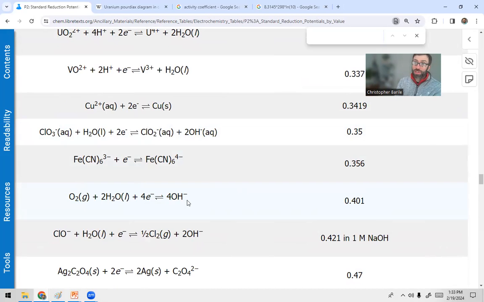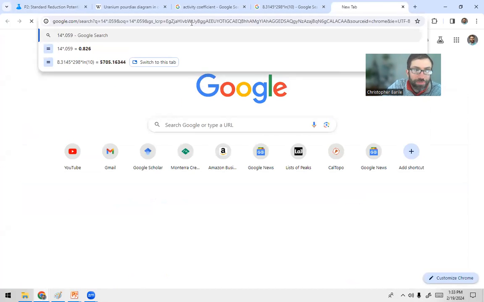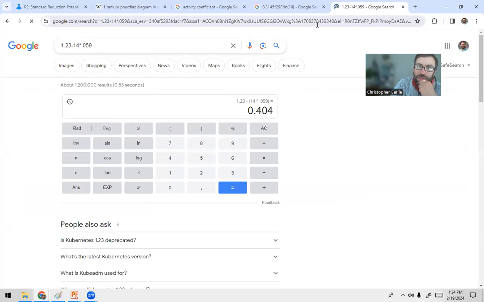That's a pH of 14. Remember, pH plus pOH equals 14. So at pH 14, you have this. And we can explain this, right? Because we know that 14 times 0.059, if we look it up, is 0.826. And now if we just do 1.23 minus that, we get 0.4. So that's where that came from, okay?